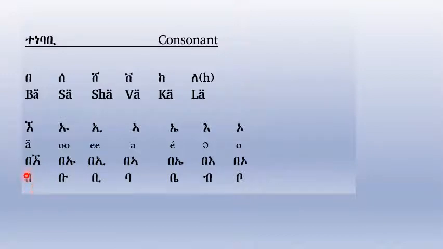Once you study B, these are the result of the vowels. So in my opinion, we have only one B with its different sounds. So try to study the vowels and one consonant.